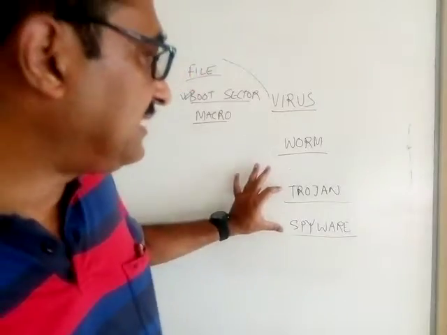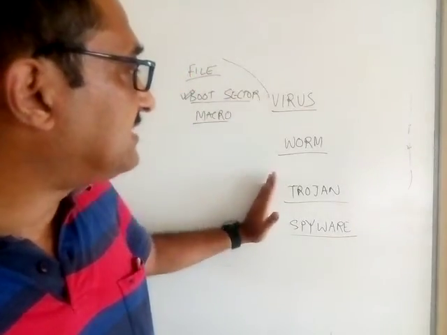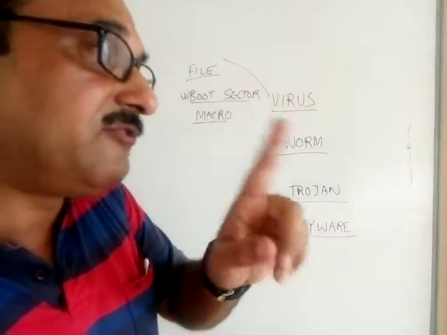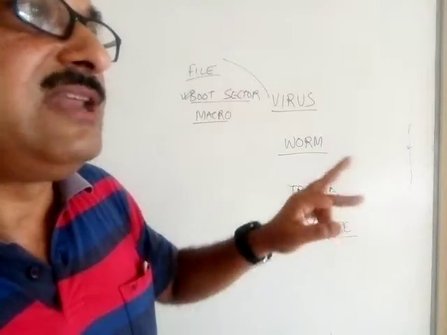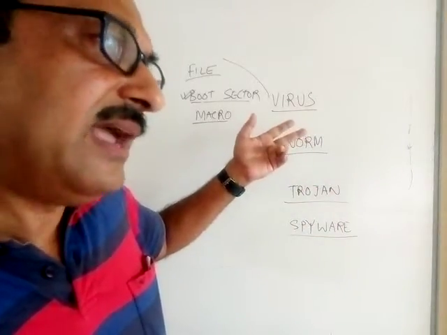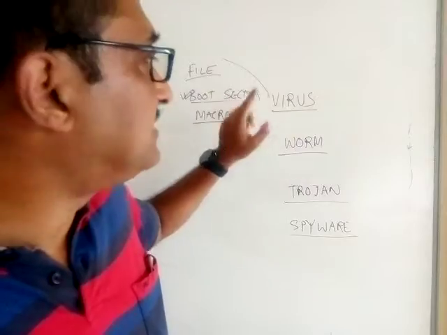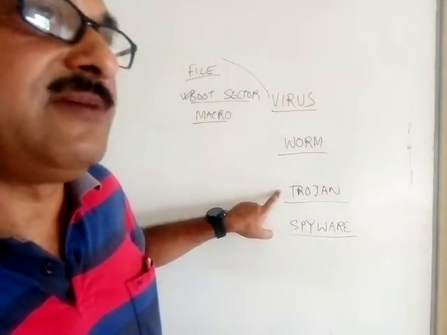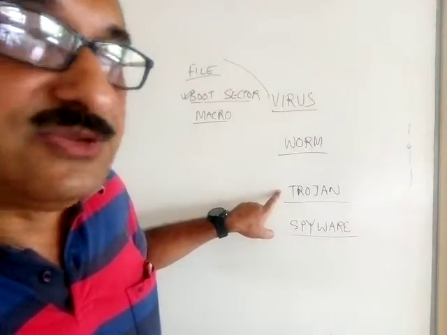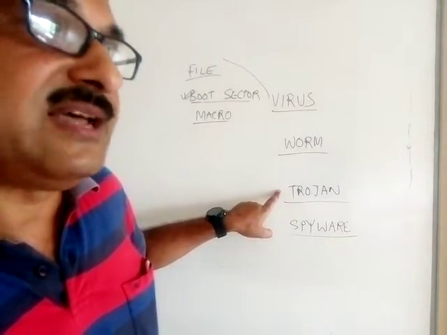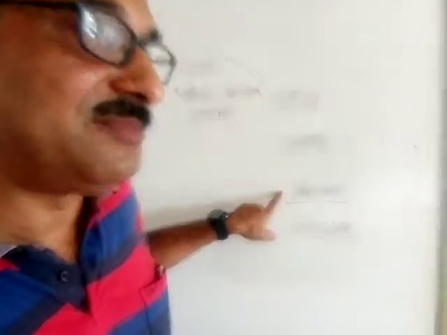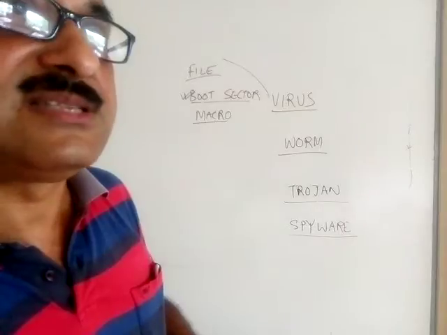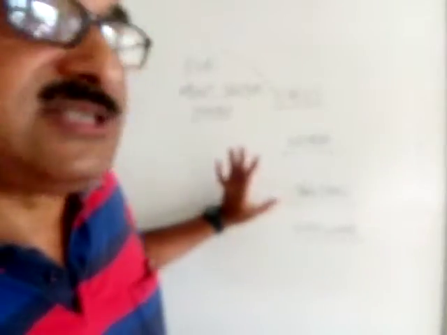One basic thing you remember: when in a case study based question you see the involvement of a file, that a file was executed and after that there is a problem in the system, you will know it is a virus. While installing a particular program which I thought would be useful, I realized after installation that I am having some problem in my system and some malicious code has come in.